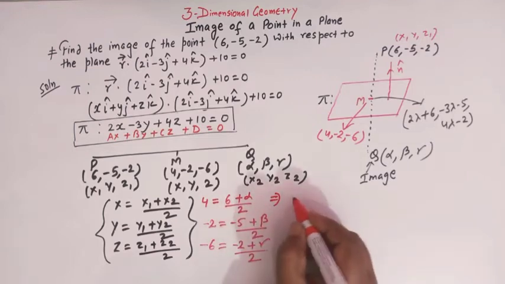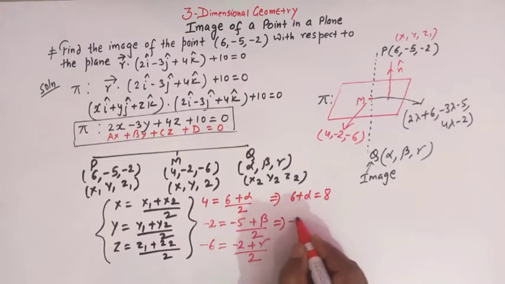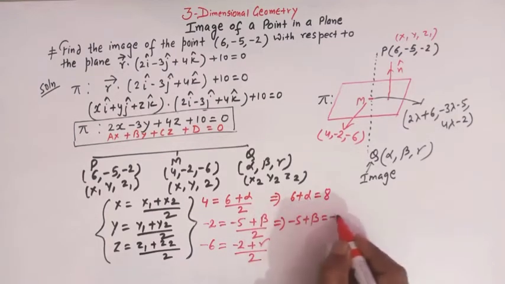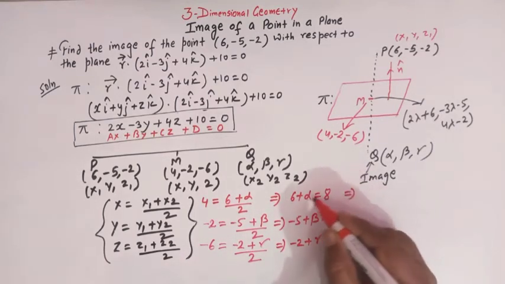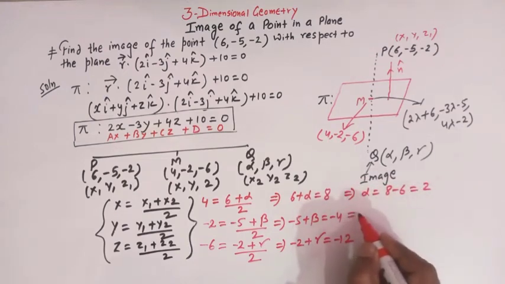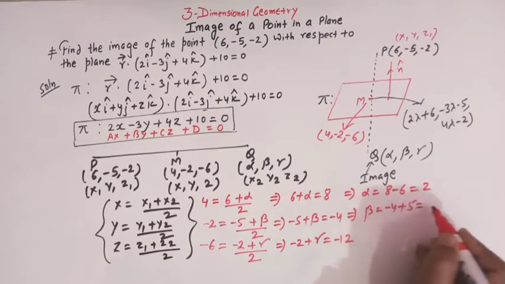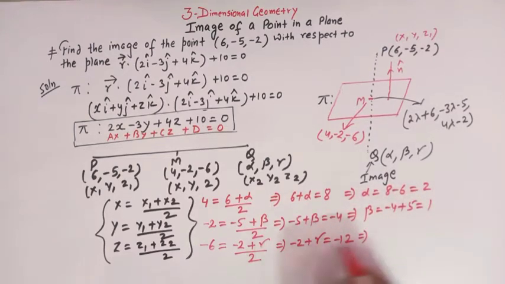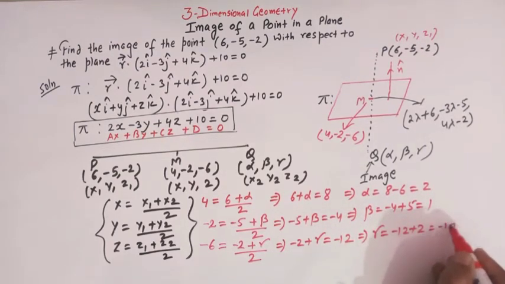So from here we have 6 + α is equal to 8. From here we have -5 + β is equal to -4. And from here we have -2 + γ is equal to -12. Right? So now from here alpha is 8 - 6, that is 2, and from here beta is -4 + 5, that is 1, and from here gamma is equal to -12 + 2, that is -10.